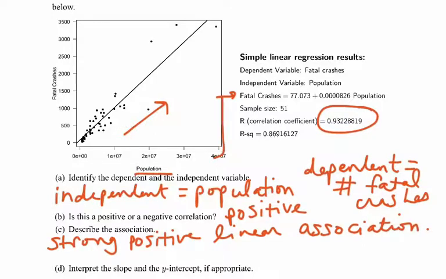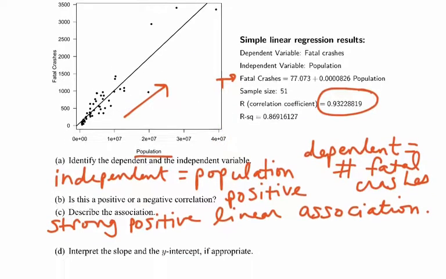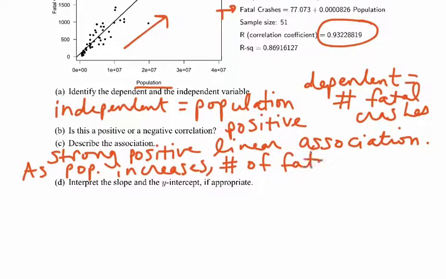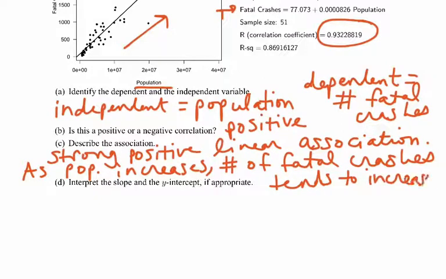We could say a little bit more, and we can say that as the population, I'm going to abbreviate, population increases, the number of fatal crashes tends to increase. Not always, there could be exceptions to it, but the trend is that it tends to go upward. Interpret the slope and the y-intercept, all right?